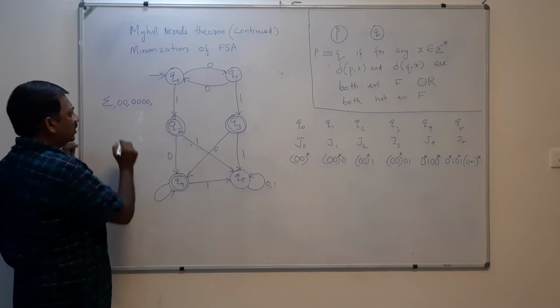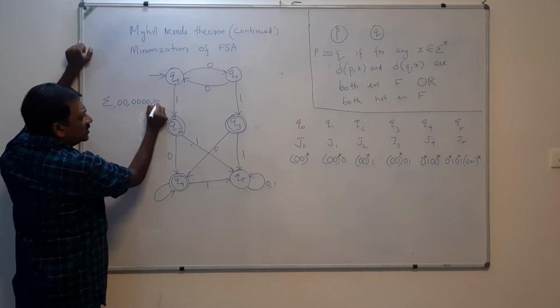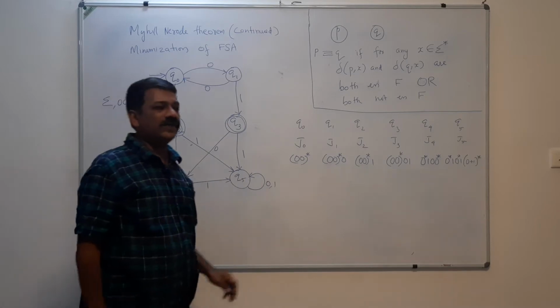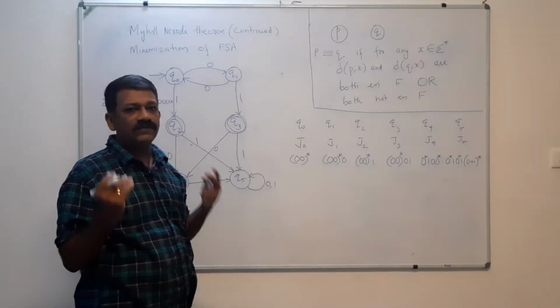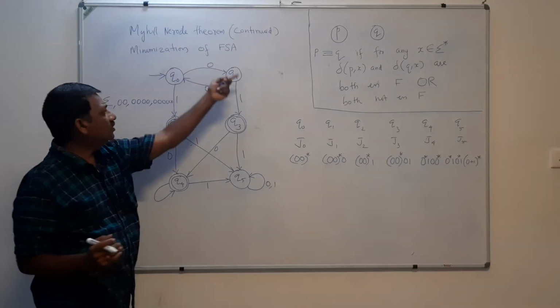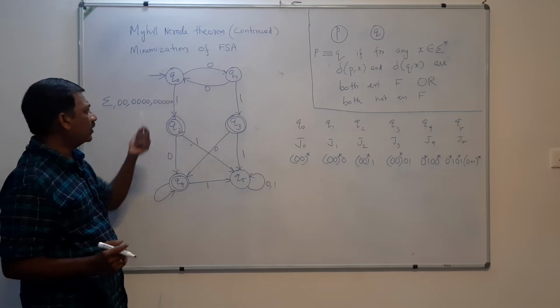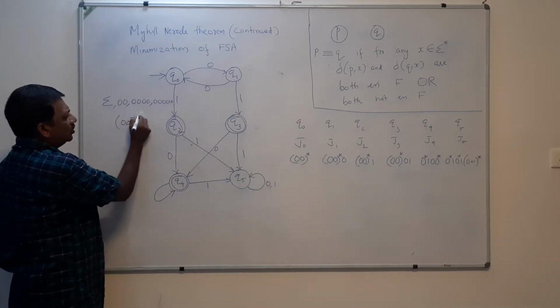That means 4 zeros, 6 zeros, 8 zeros, etc. If the number of zeros is even, the control comes back to Q0. That is why we have (0 0) star.